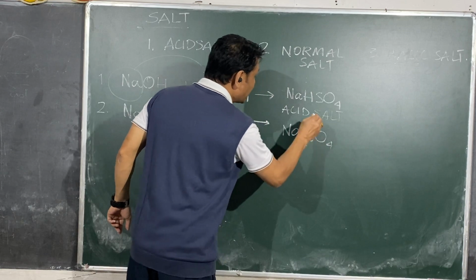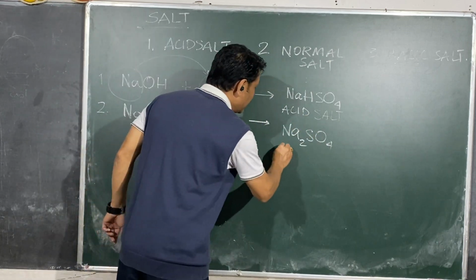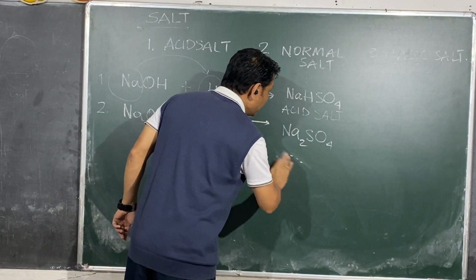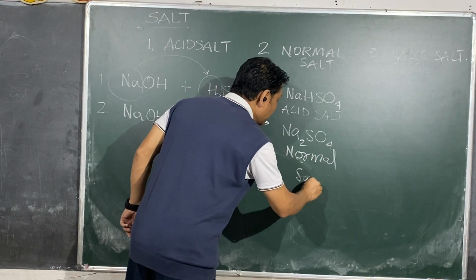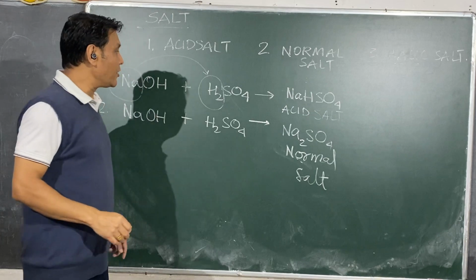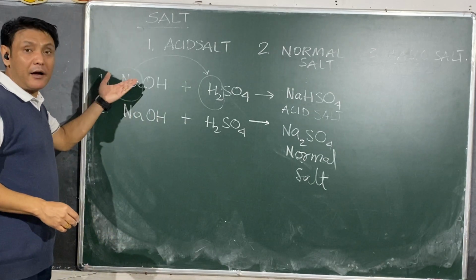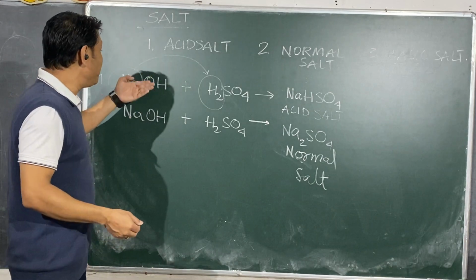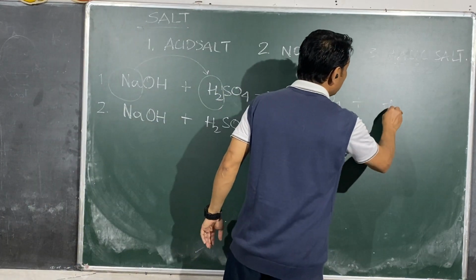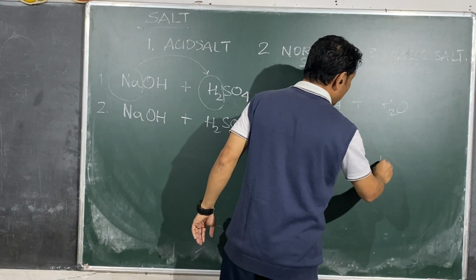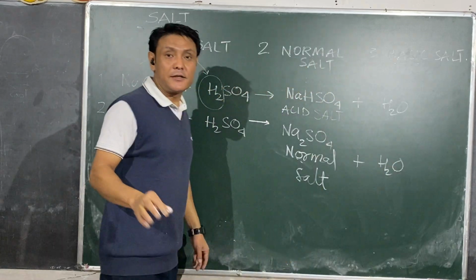So it becomes a normal salt, Na2SO4, normal salt. And of course, in the neutralization reaction, base plus an acid will always give you salt and water.